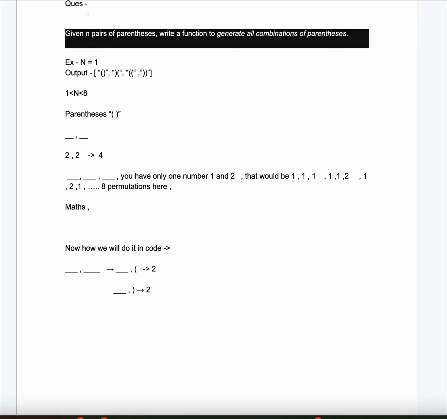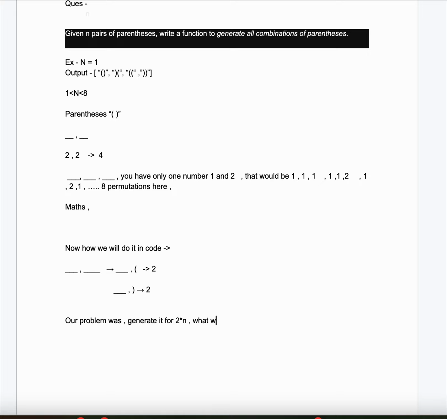Okay, so it's all about intuition. What we are doing is dividing the problem. We have n equal to 1, like we have two spots. So what we did, our problem was to generate it for 2n.